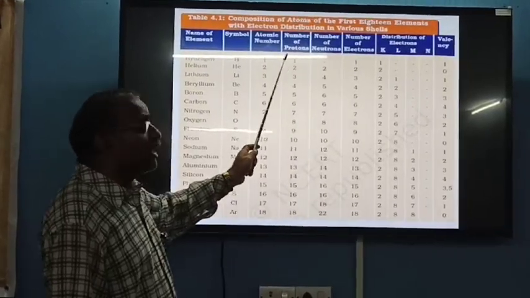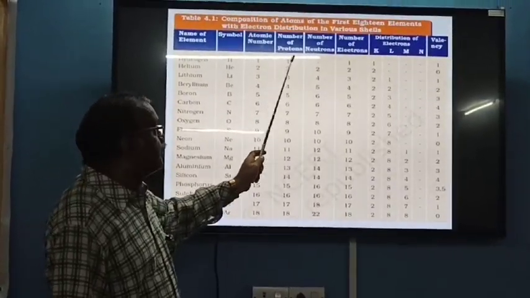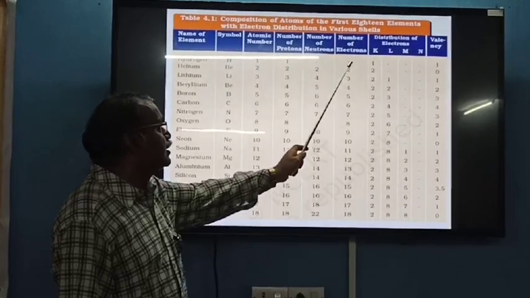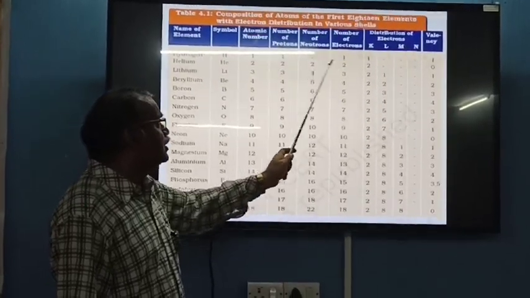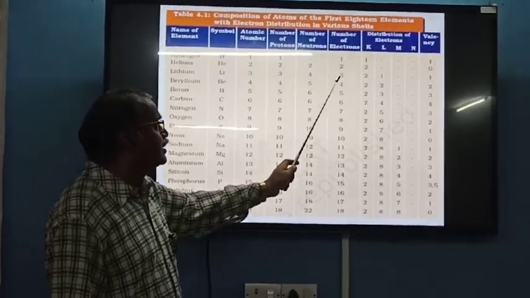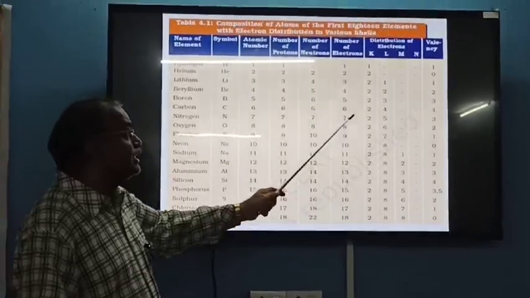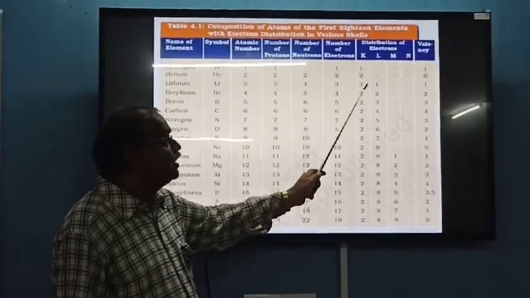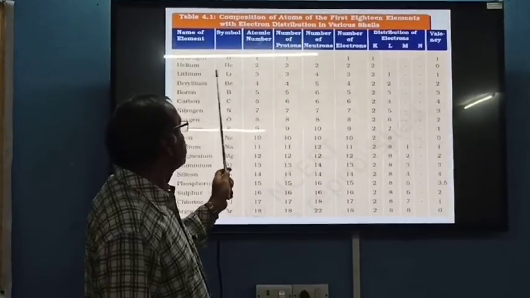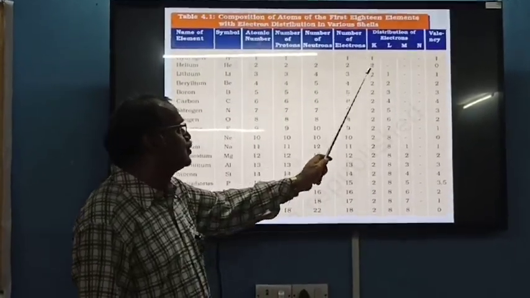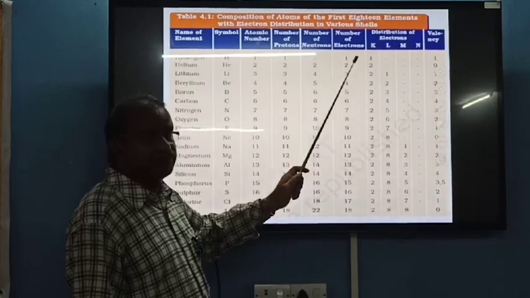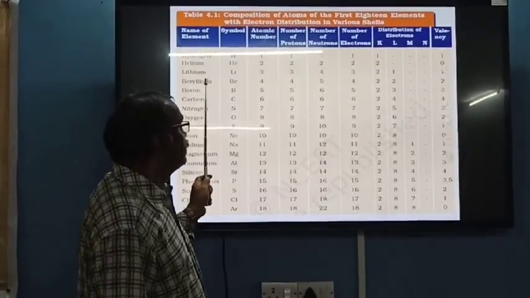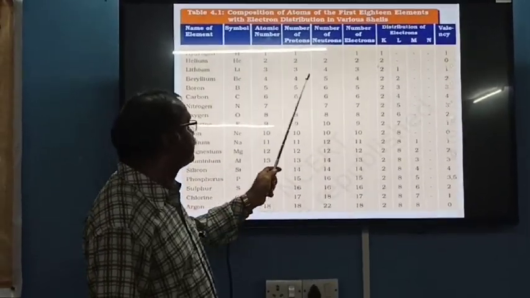Electrons: if the atom is neutral, the number of electrons is the same. 1 proton, 1 electron. 2 protons, 2 electrons. 3 protons, 3 electrons. How are they arranged? In the first shell, K shell, only 1 electron in the case of hydrogen. In helium, 2 electrons, because the K shell capacity is 2. Next, lithium, total 3 electrons.